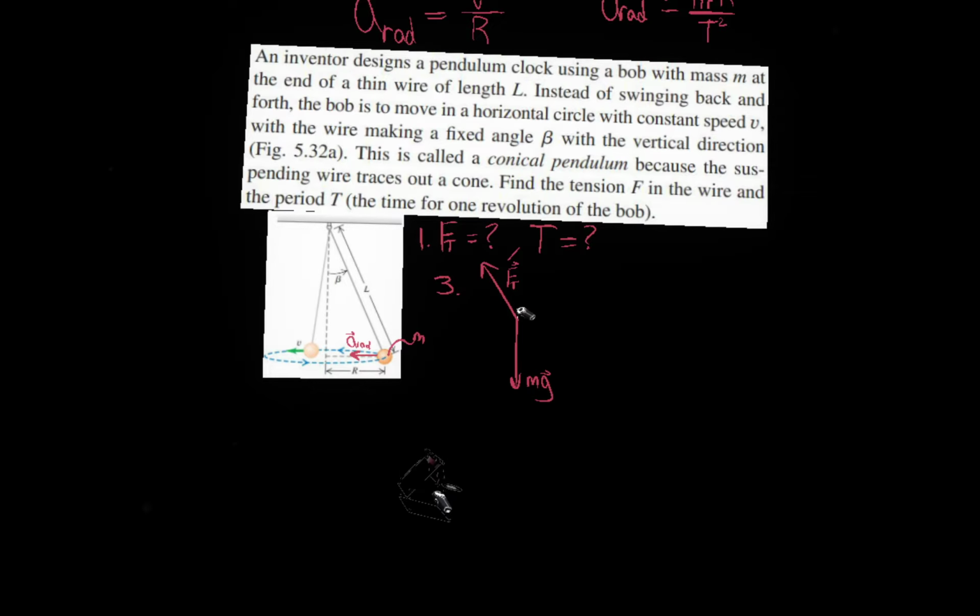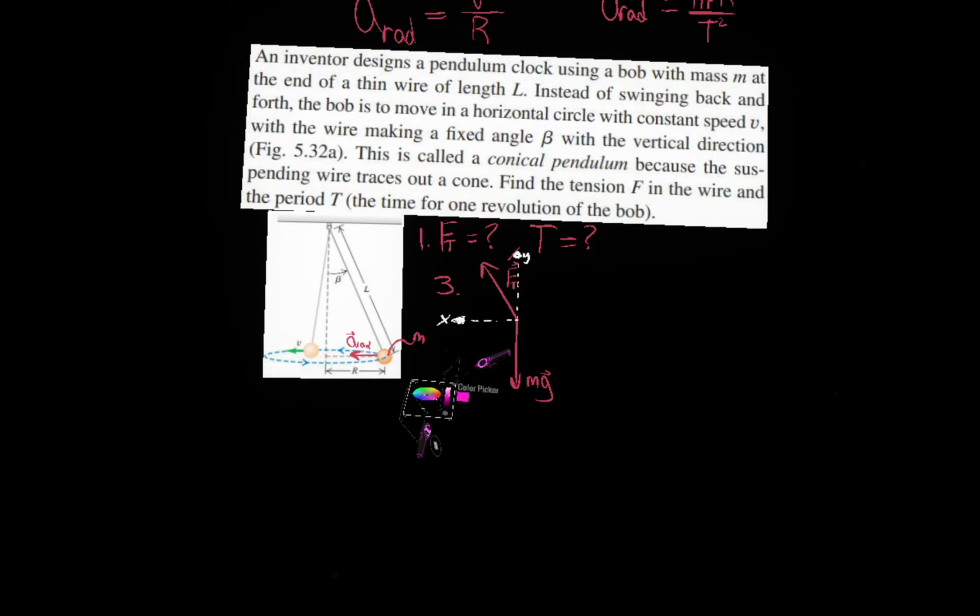Positive y-axis is going to be up here. Positive x-axis, we'll say this way. Actually, since the acceleration is that way, let's do it in the direction of the acceleration instead of the inverse direction of acceleration. So let's do this, and I'll try to keep track of that explicitly and not have a mistake occur.